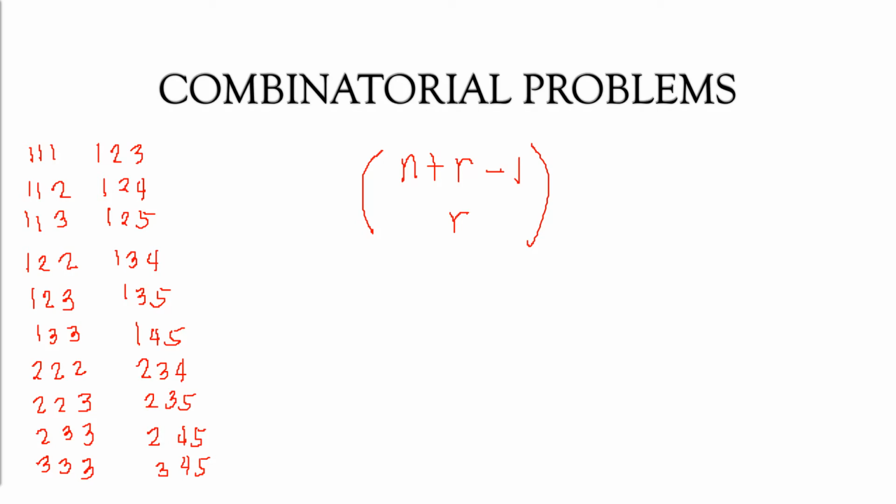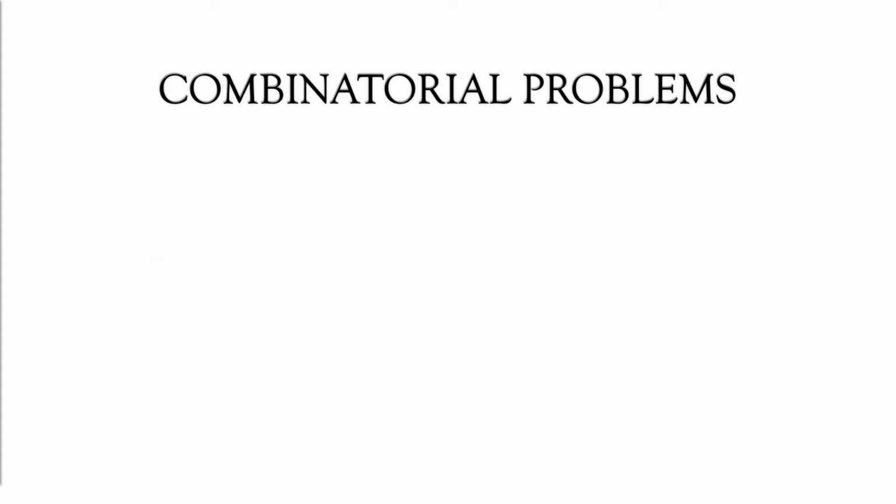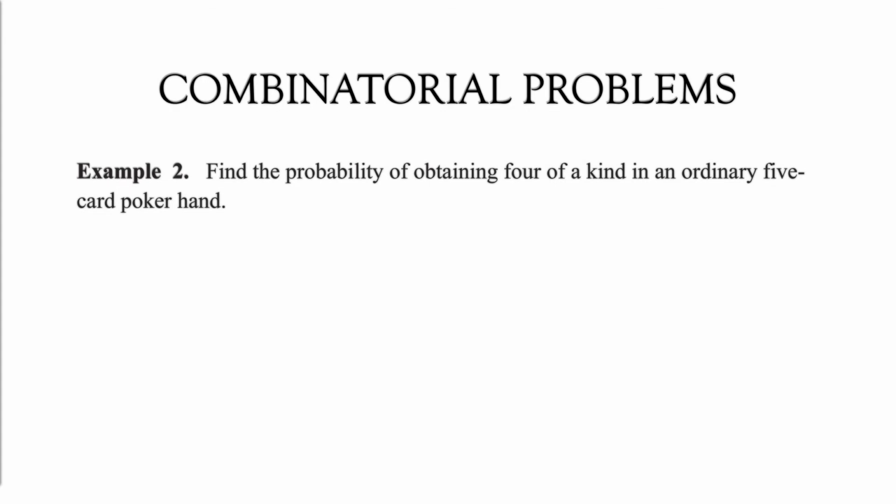Okay, so let's have an example. Find the probability of obtaining 4 of a kind in an ordinary 5-card poker hand.